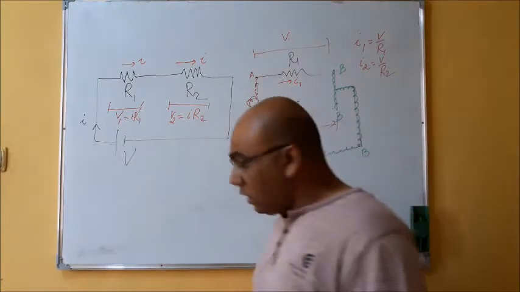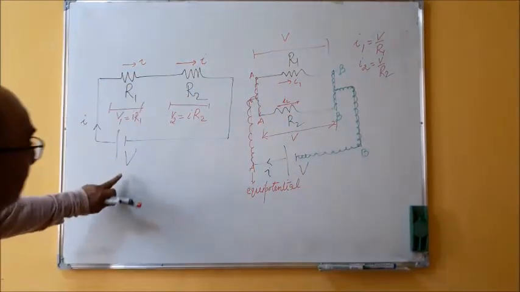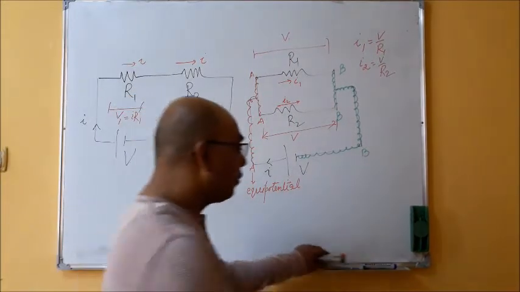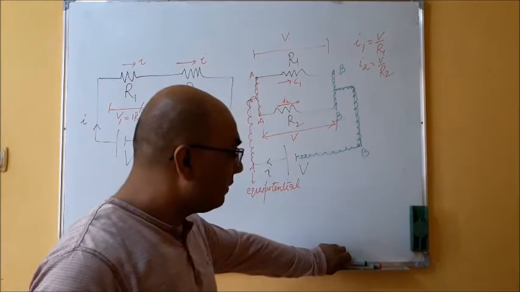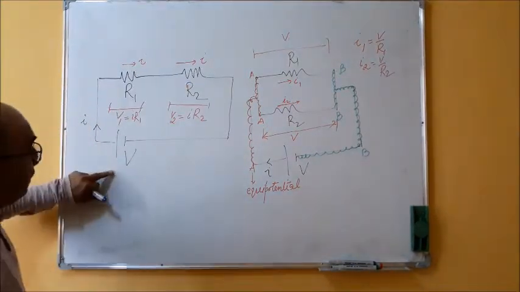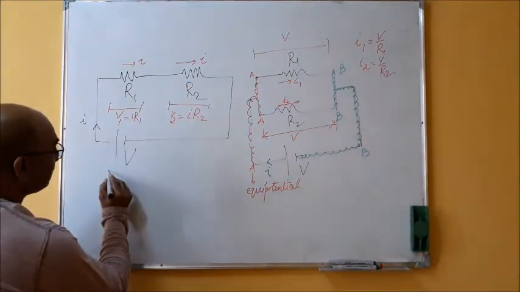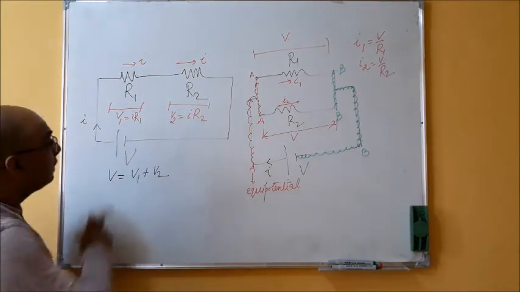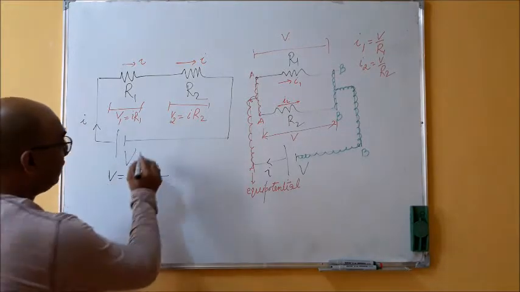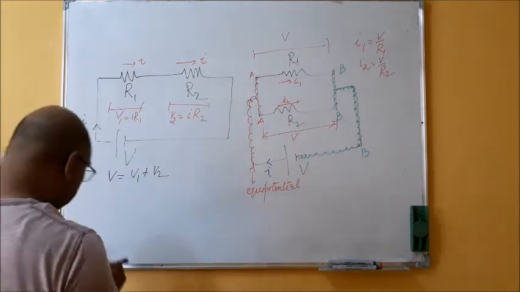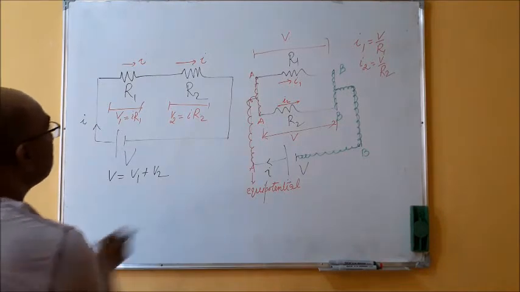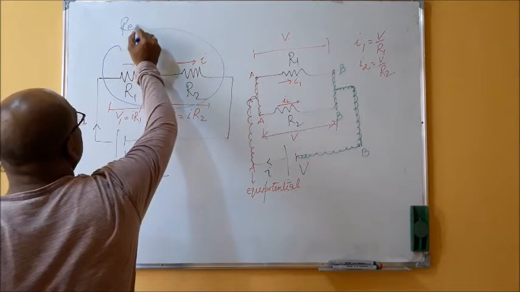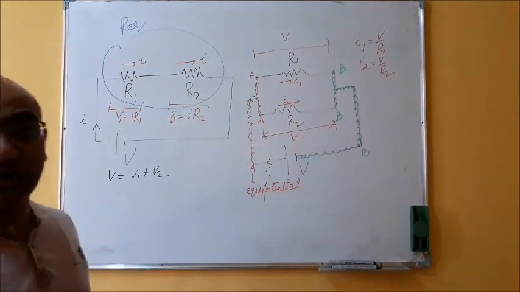This is fine. Now for the series circuit, the voltage is given by V equals V1 plus V2. The total circuit can be defined by an equivalent resistance R equivalent.